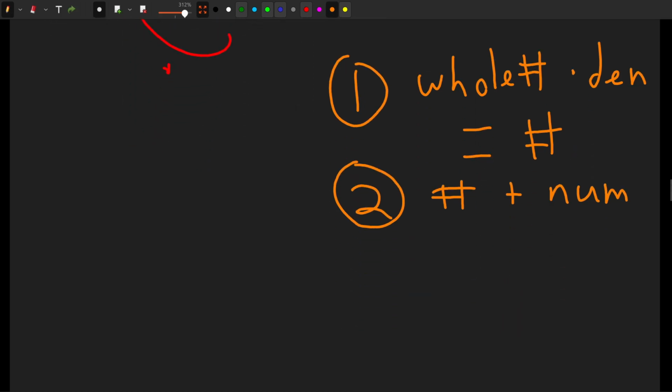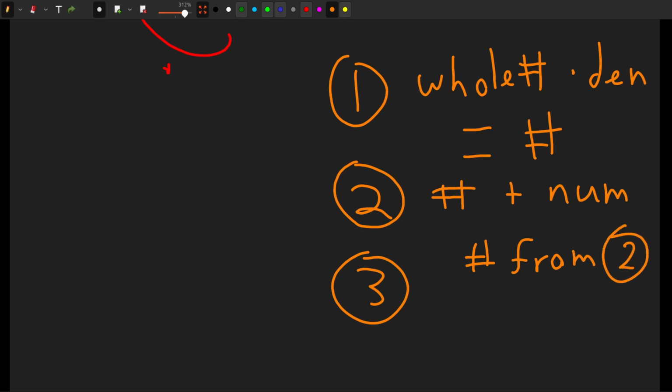Step 3 then is whatever number you got in step 2 is then your new numerator. And the denominator from your original fraction remains the same. Okay, and that's how you go from a mixed number to an improper fraction. We'll have more examples of it in the next video, but for this video, that is it.